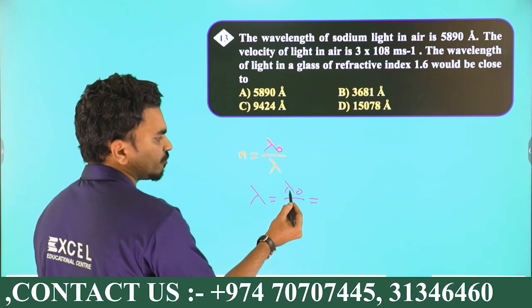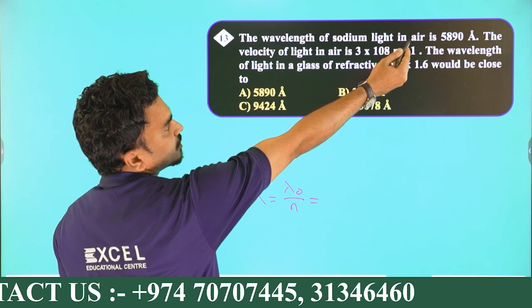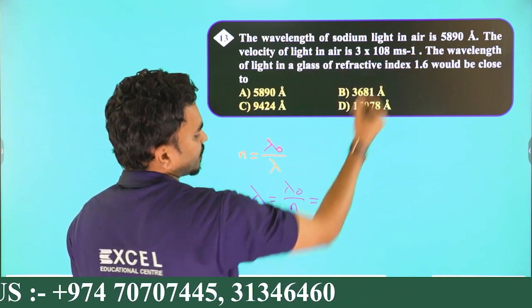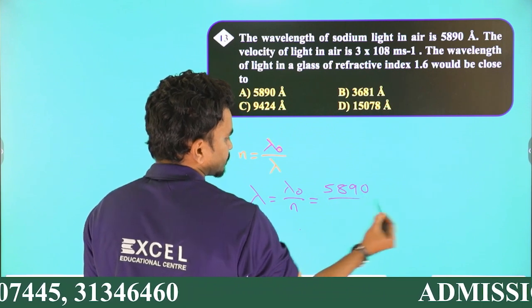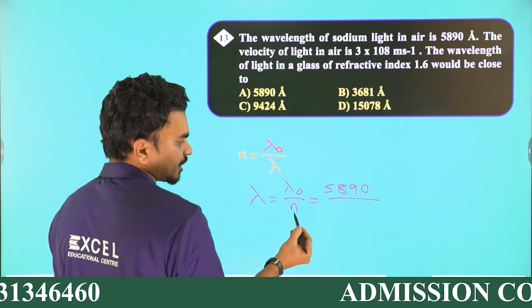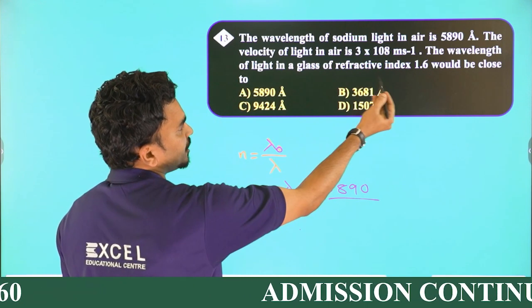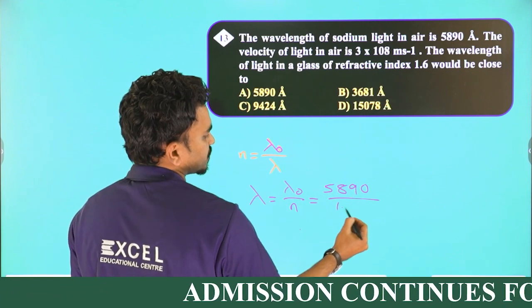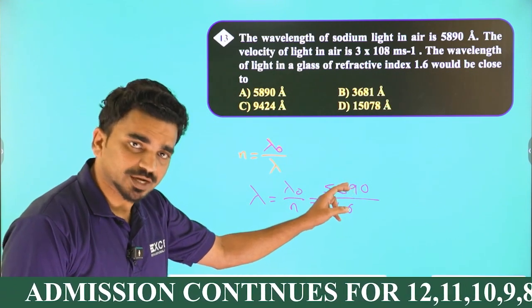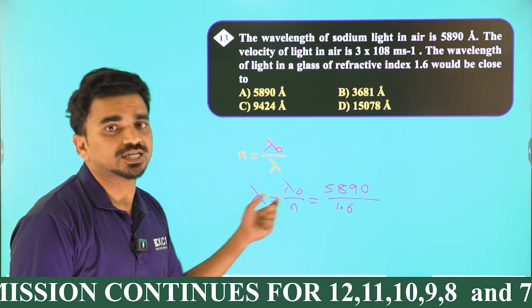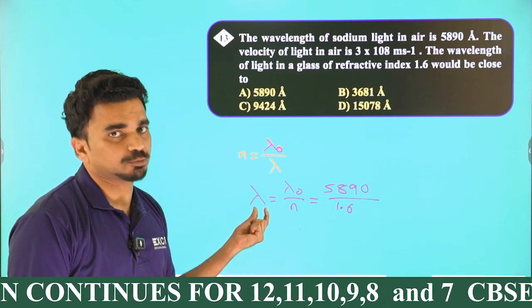What's lambda 0? The wavelength of light in vacuum, which is given. The wavelength in air or vacuum is nearly the same, so 5890, divided by the refractive index of the asked medium, here glass. So the wavelength of light in air or vacuum divided by the refractive index gives you the wavelength of light in that respective medium.